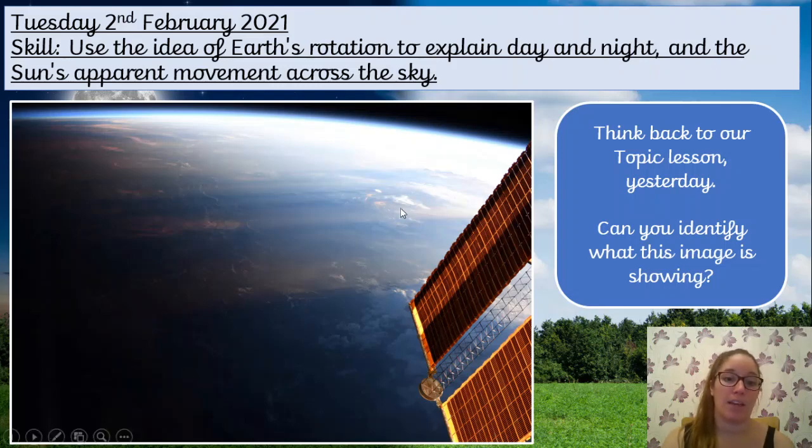Okay, so this picture is actually showing day and night from space. Over here we're going into daytime, so the Earth is rotating towards the sun, and over here it's nighttime. How amazing is that? When I found this image I was so impressed that you can actually see a clear divide between day and night from space. So well done if you did notice that.